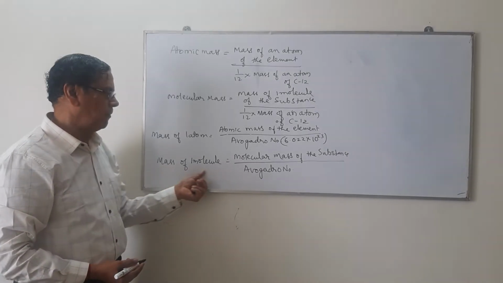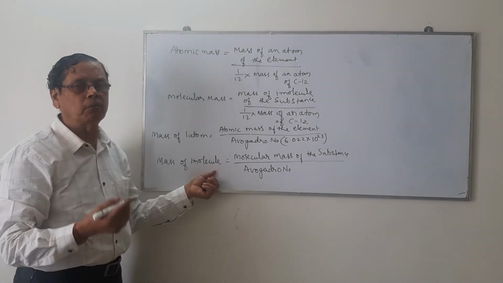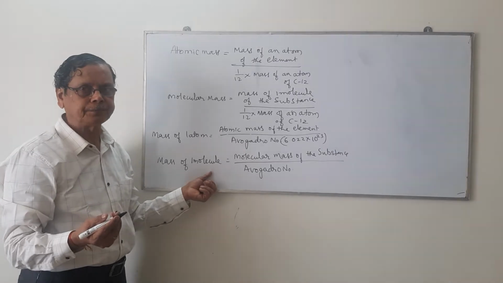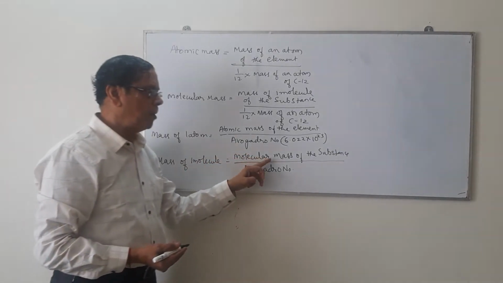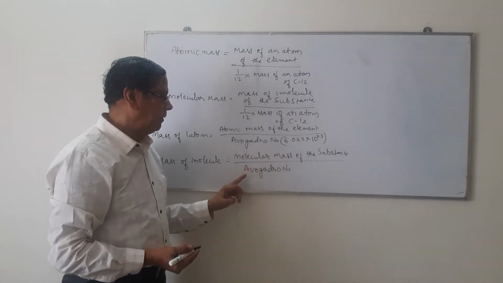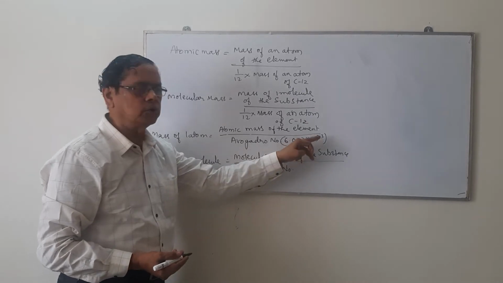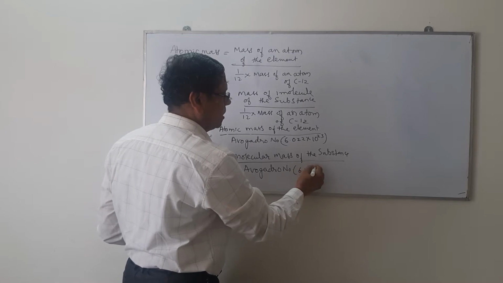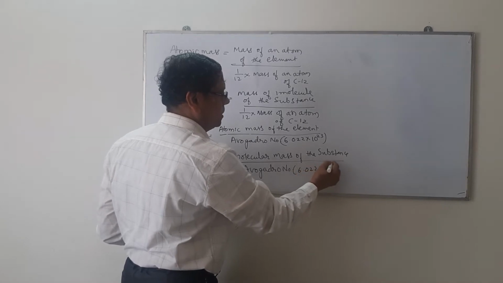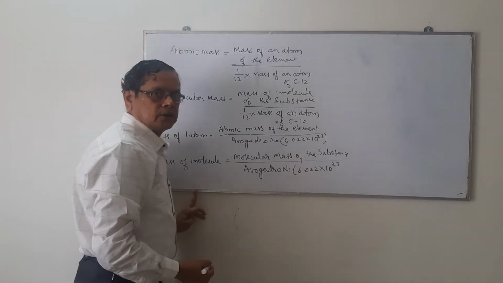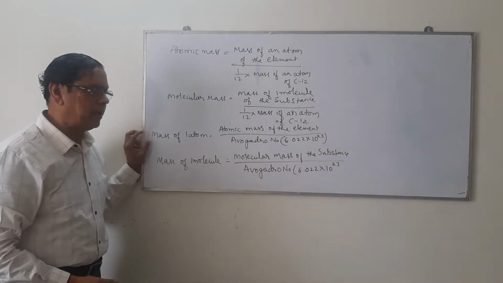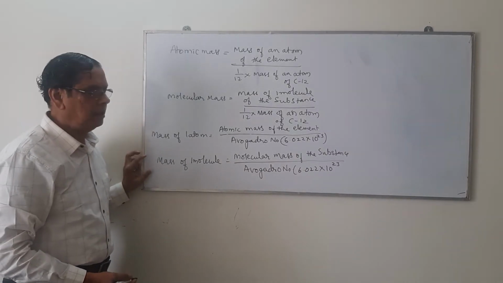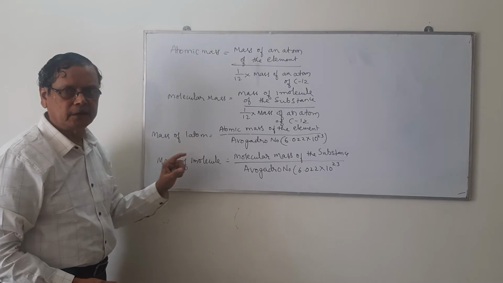To calculate the mass of one molecule, say one molecule of water, the molecular mass of water is 18 divided by Avogadro number 6.022 times 10 to the power 23. So this will give the mass of one molecule of the substance.